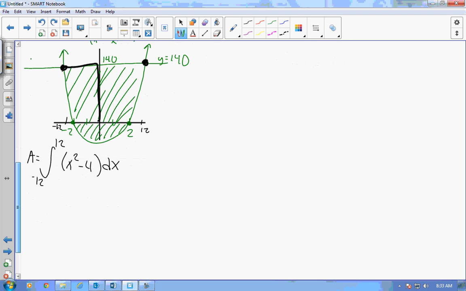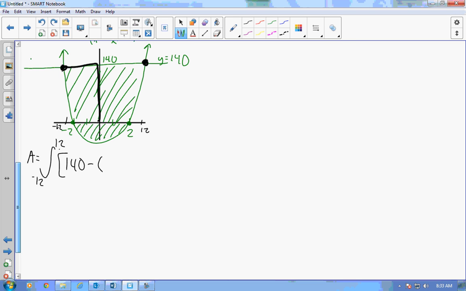Oops. Technically what I wrote was fine, but actually, no, what I wrote is not fine, sorry. What is the top function? 140 minus the bottom function, which is the curve.